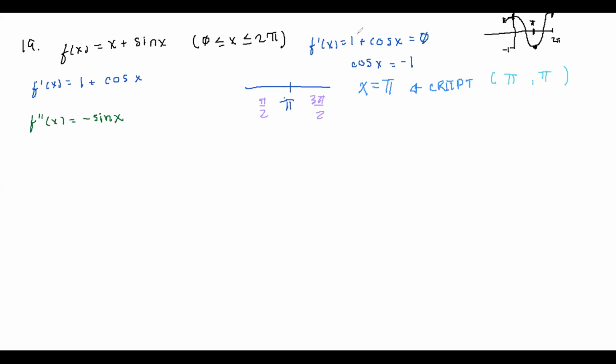Let's not make things too complicated. I'm going to be using this equation up here, and I'm going to say this is 1 plus cos of pi over 2. Right? Cos pi over 2 is going to be 0, so this is going to be 1 plus 0, and it's going to be a positive number.